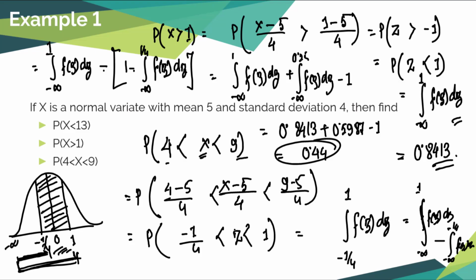So this is how we calculate probabilities using the standard normal distribution. That is all about some standard probability distributions.